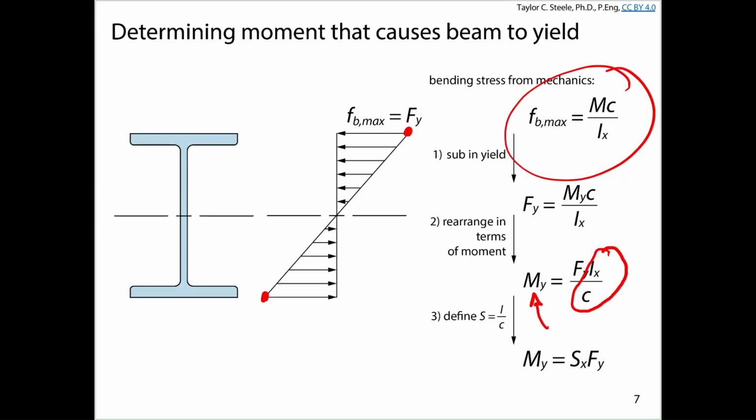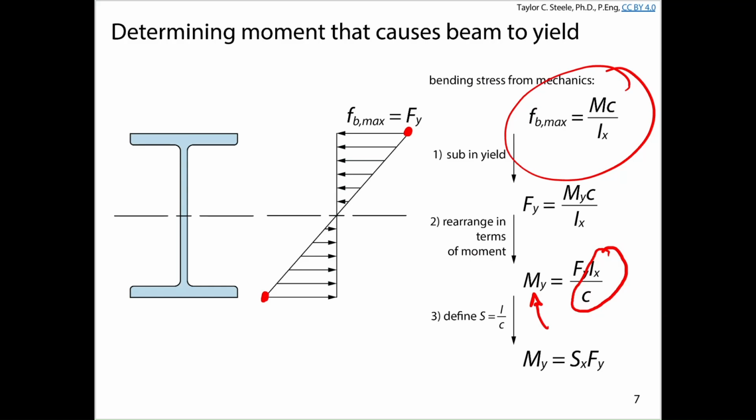So what we're going to see basically is we have this cross-sectional parameter S, the elastic section modulus for any kind of beam. It can be calculated quickly. If you can calculate Ix and you know c, you can calculate S. And where do you think you could find S values if you didn't want to calculate them for a certain cross-sectional shape?